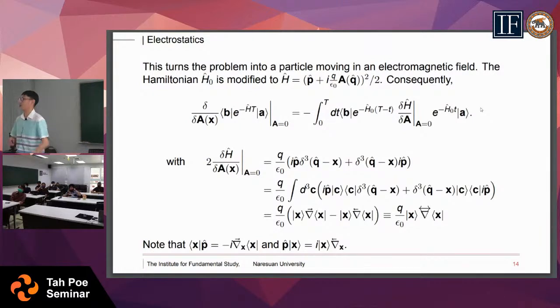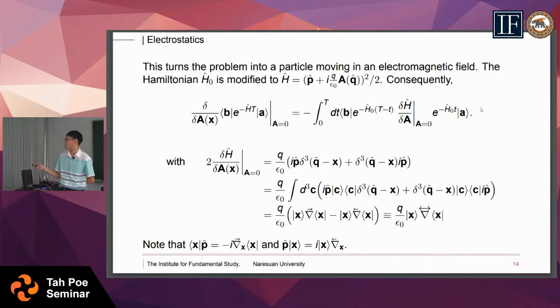So this turns the problem into a particle moving in the electromagnetic field, where the Hamiltonian H0 needs to be modified to be this Hamiltonian, where the operator has changed by putting the vector potential A here. Because H is an operator, we have two operators here: the momentum operator and the position operator Q.